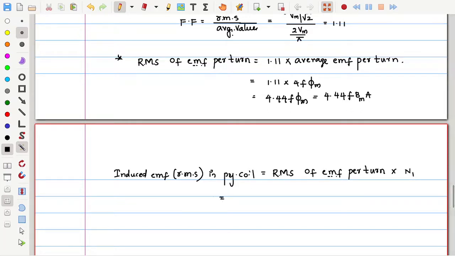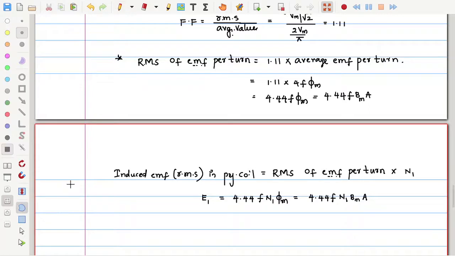So the EMF equation for the primary coil, usually RMS values are represented by capital letters, so I am writing E1 is equal to 4.44 f N1 phi m or 4.44 f N1 Bm into A. I am writing these expressions the same way, just by multiplying by N1.